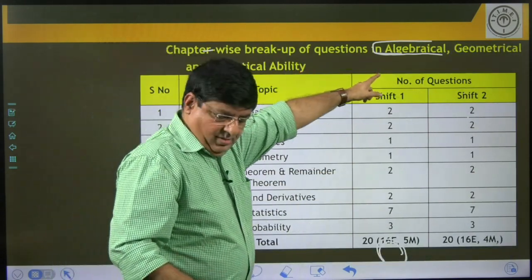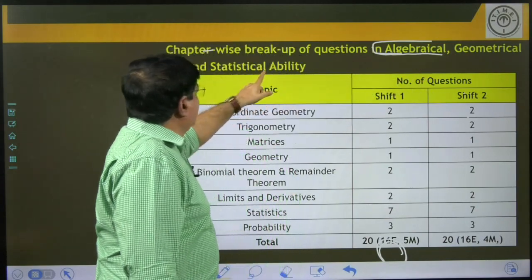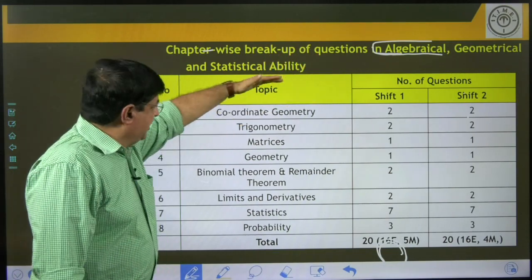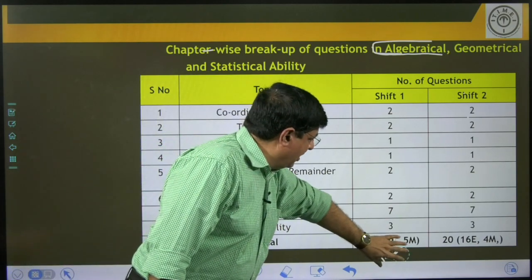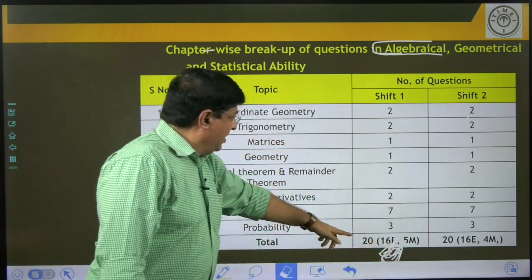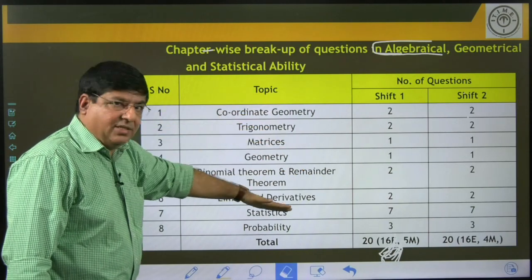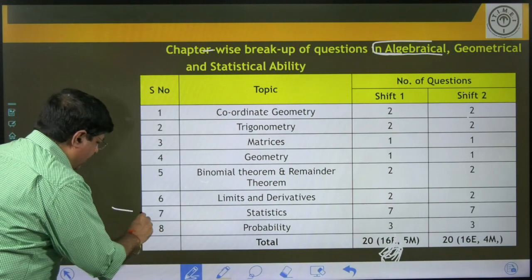Next, algebraical and geometrical ability, statistical ability. This is the pure math section, the complete pure math section. This is the topic wise breakup of the pure math section. Total number of questions is 20. You can see the topic wise breakup: coordinate, trigonometry, matrices, geometry, all these are there.